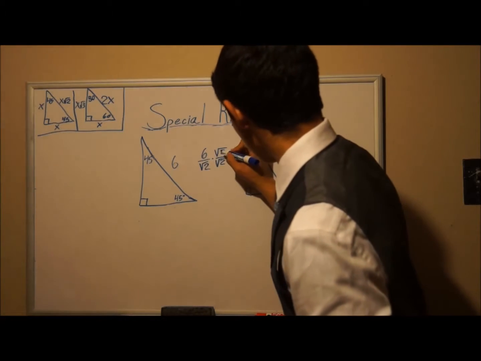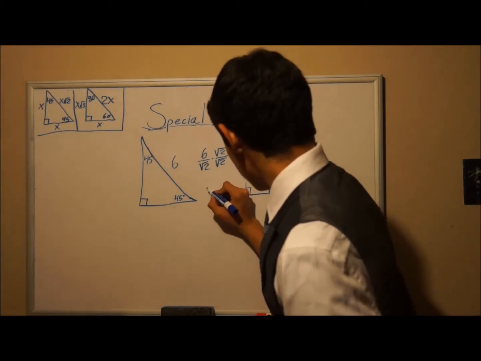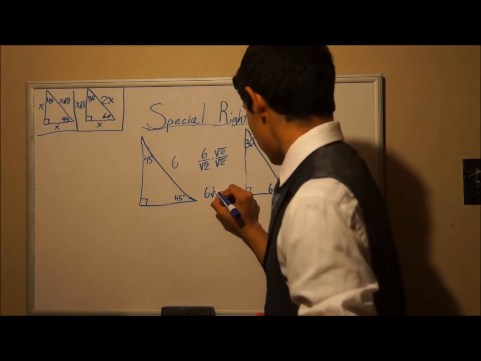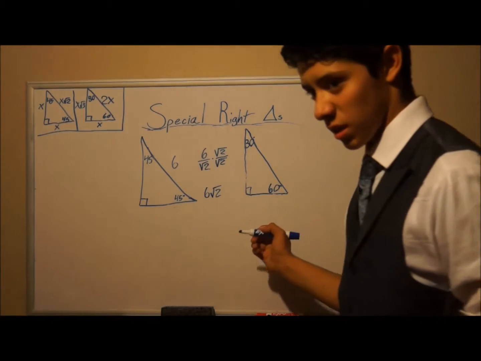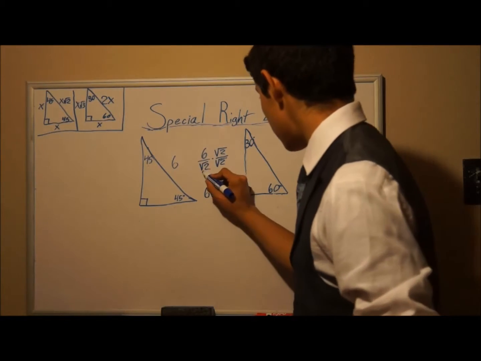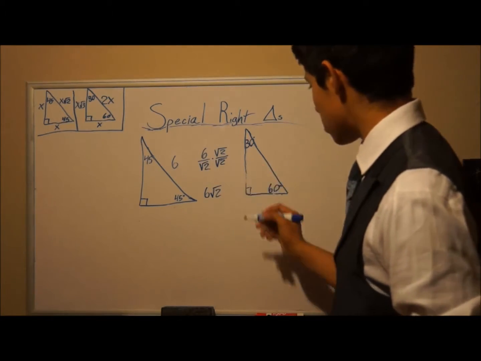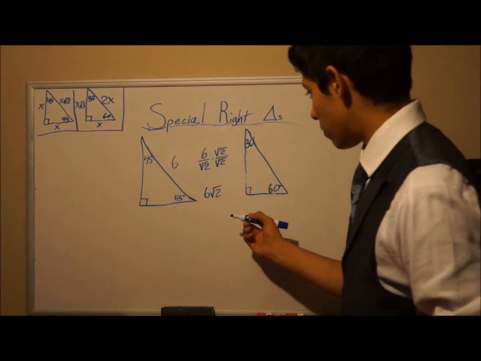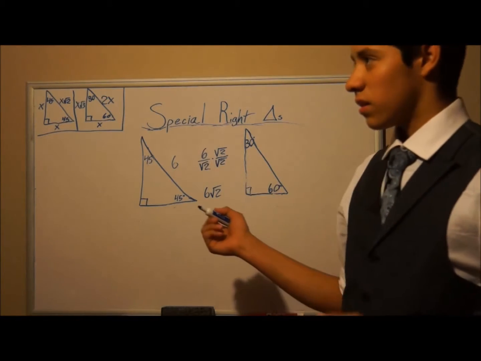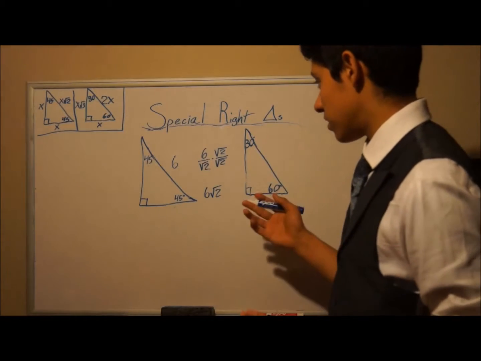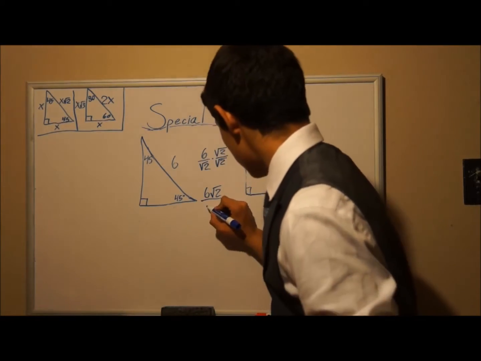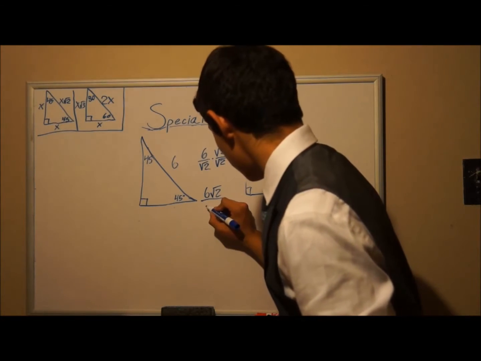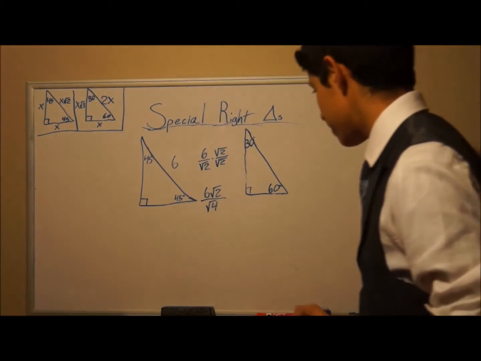So let's go through this. Just off the bat, we can see that 6 times square root 2 is 6 square root 2. And then that square root 2 times square root 2 is basically just square root 4. So 6 square root 2 divided by square root 4.